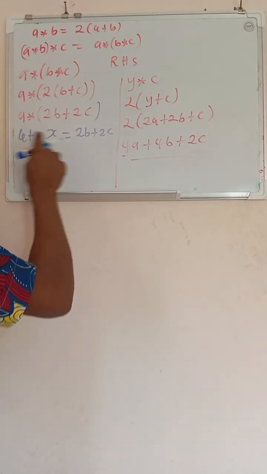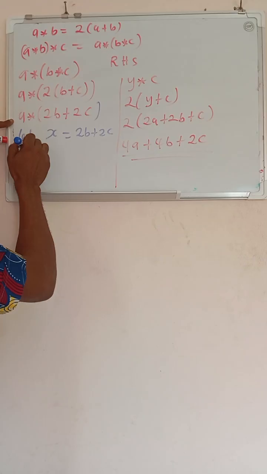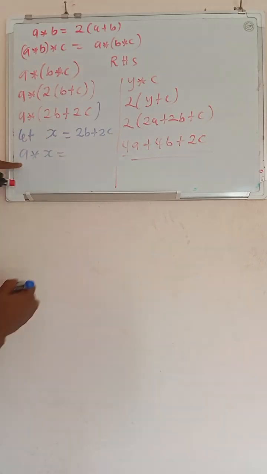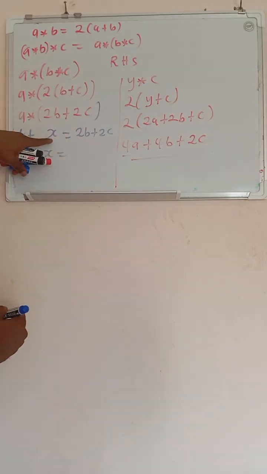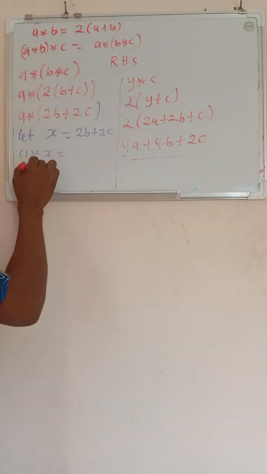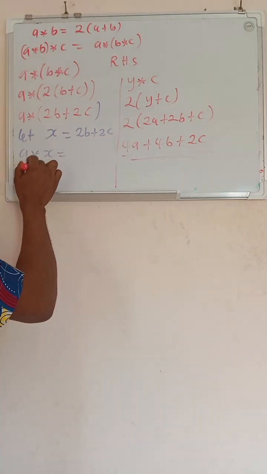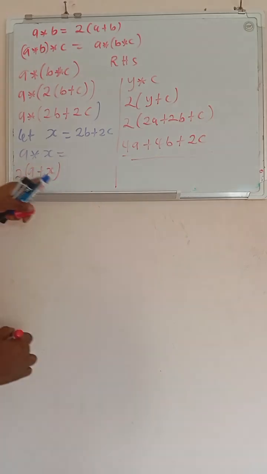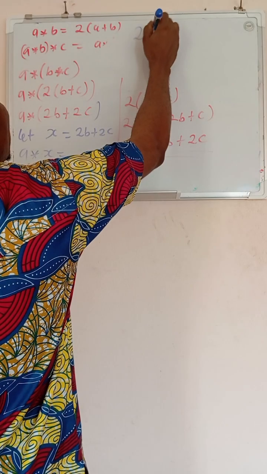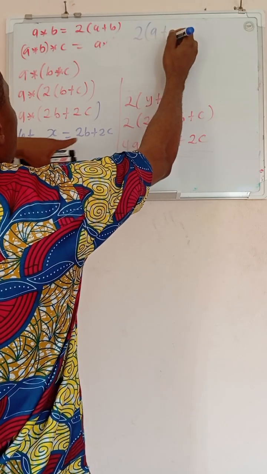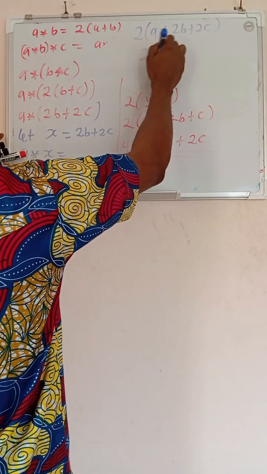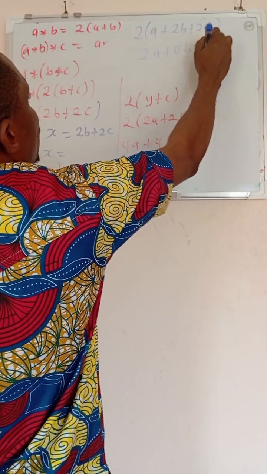Let us replace it: A asterisk x, where we have replaced this with x, is 2 into (A plus x). Replace the value of x: 2 into (A plus 2B plus 2C). Open this bracket: 2A plus 4B plus 4C.